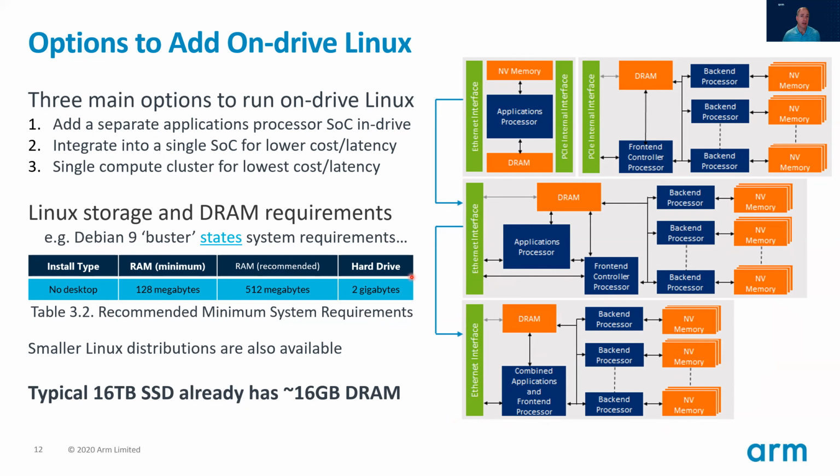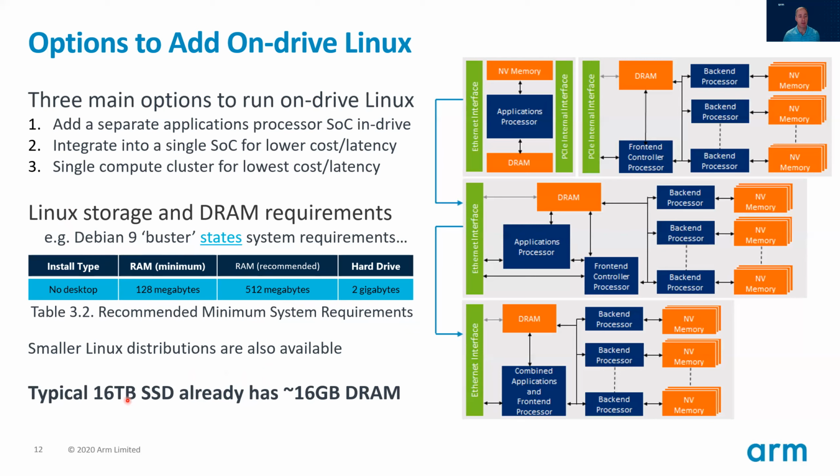So taking a look at one recent version of Linux, the Debian 9 version, it has these system requirements: 128 megabytes of RAM minimum, 512 recommended, and 2 gigabytes of storage. So this is actually very small, all things considered, when compared with the SSD itself, less than 5% of the storage.